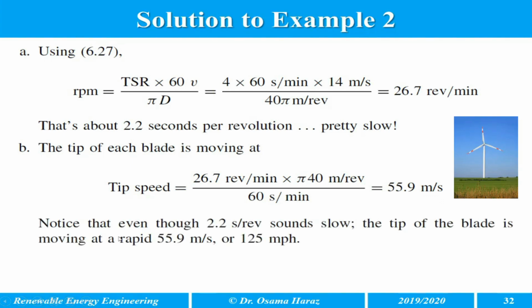Notice that even though 2.2 seconds per revolution sounds slow, the tip of the blade is moving at a rapid 55.9 meters per second, or 125 miles per hour. So it looks slow, but the blade itself has a high speed.